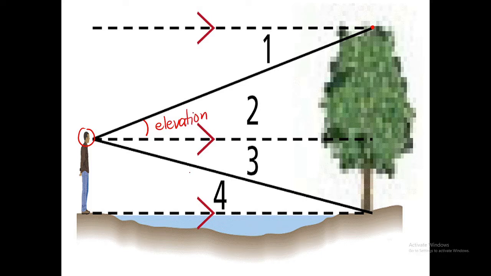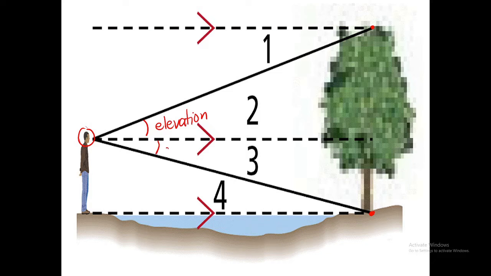Okay? What is the angle of depression? Where's the angle of depression? Again, with reference to the person. From this person going down to the bottom part of the tree. Is it angle 4 or angle 3?